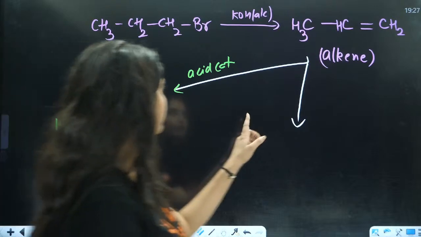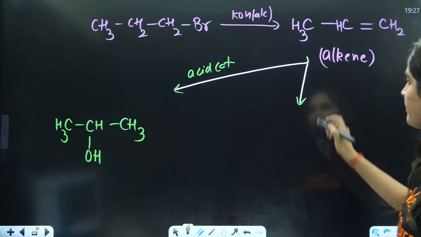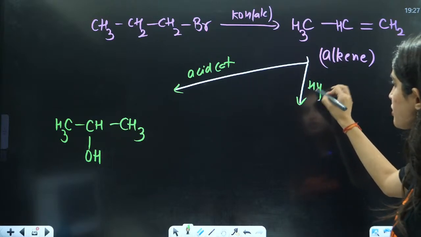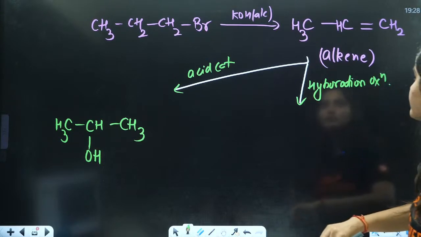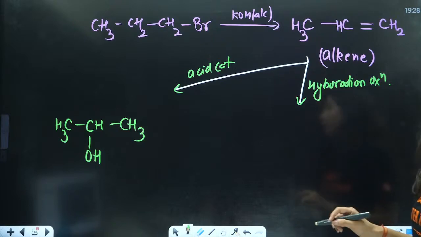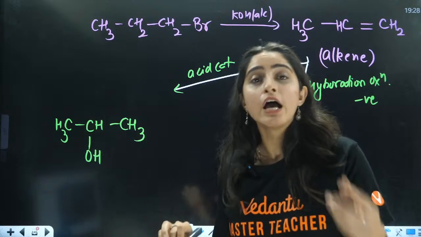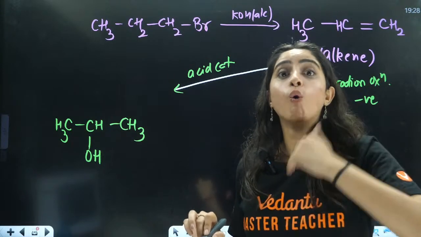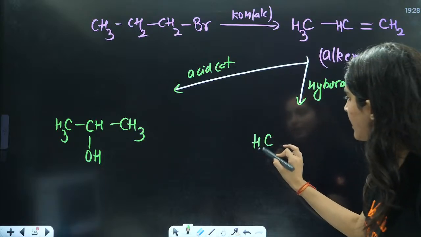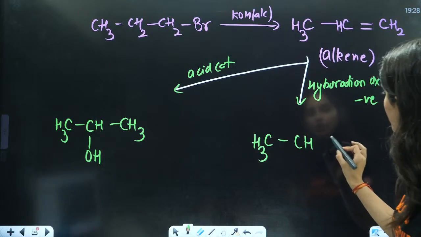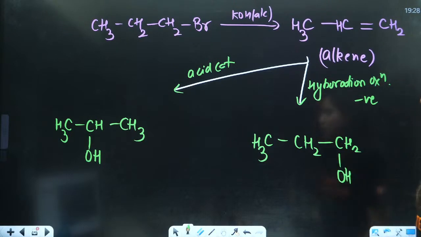If you talk about alkene in presence of hydroboration oxidation, it will follow anti-Markovnikov rule. That means OH negative will be attached to the carbon with more number of hydrogens. More hydrogens are present here, so it will be CH3, CH2, CH2, OH.